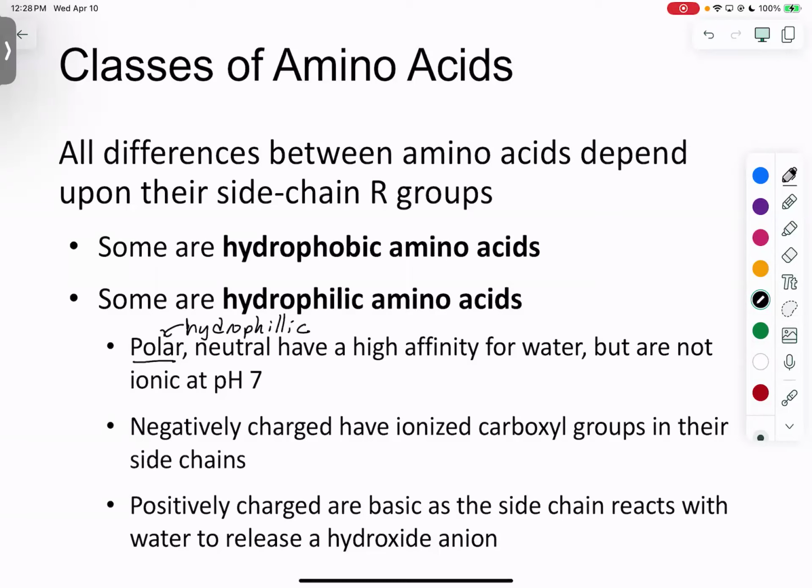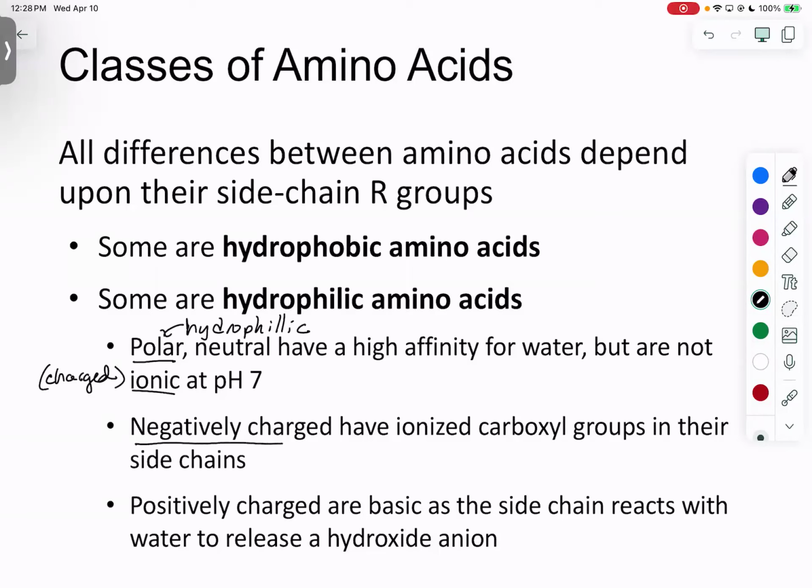So you could be polar neutral, where you have a high affinity for water, but you're not charged, right? You're not ionic. Another word for ionic is charged. You could be negatively charged.